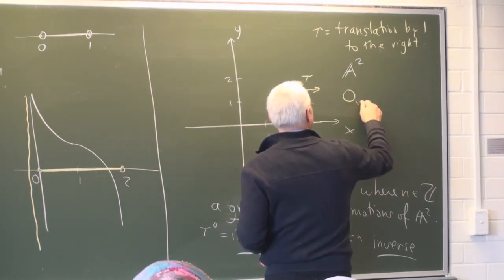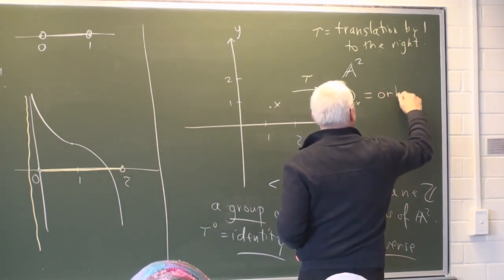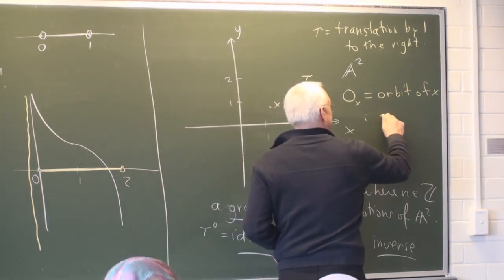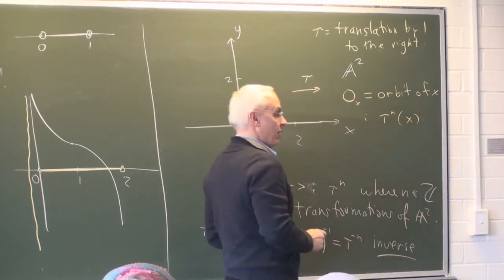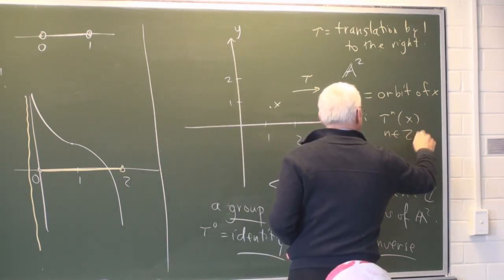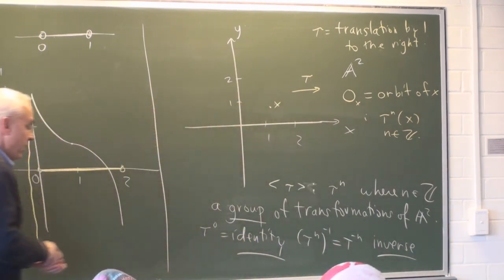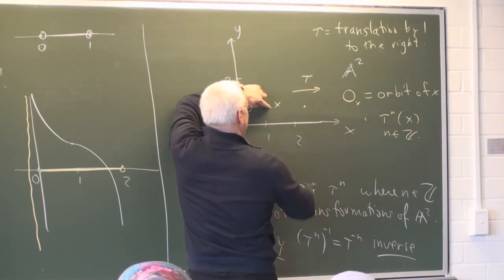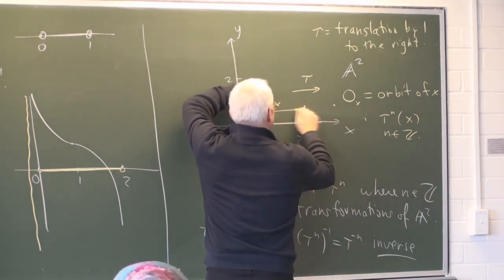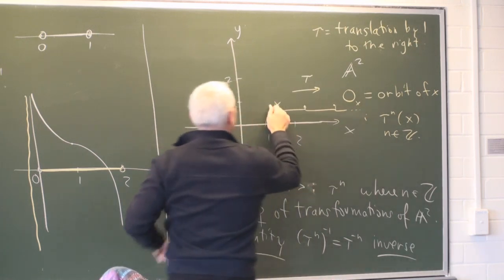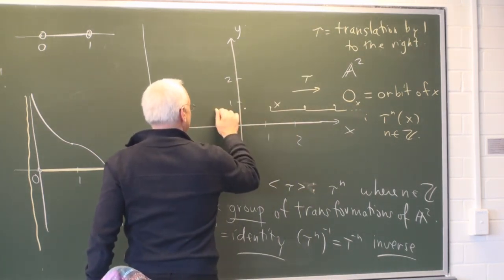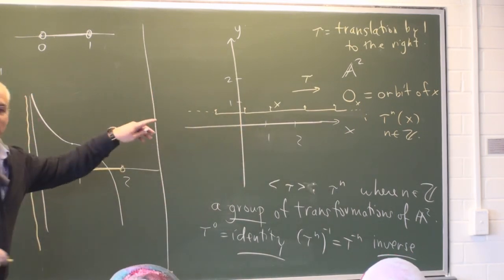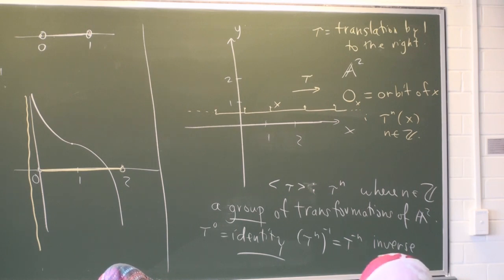It consists of things of the form tau to the n acting on x, where n is an arbitrary integer. And what does it look like in this case? Well, you can translate it by 1 over here, and then by another 1, and keep going. And you can also translate it to the left. So that's what the orbit of x looks like.